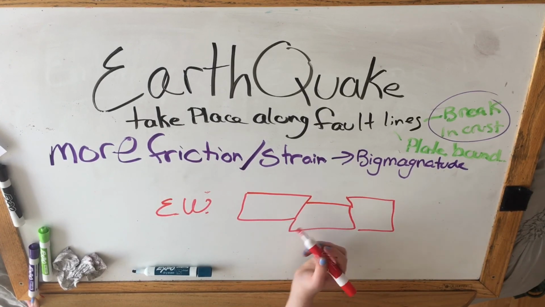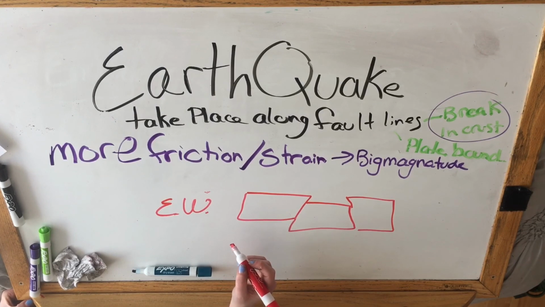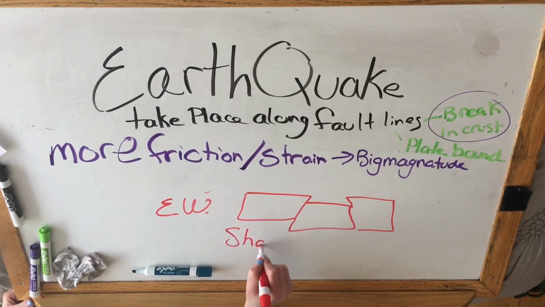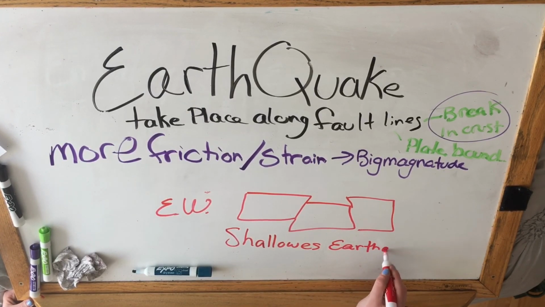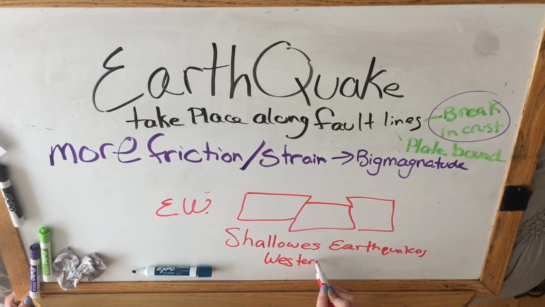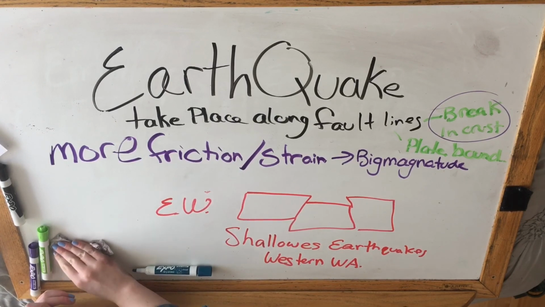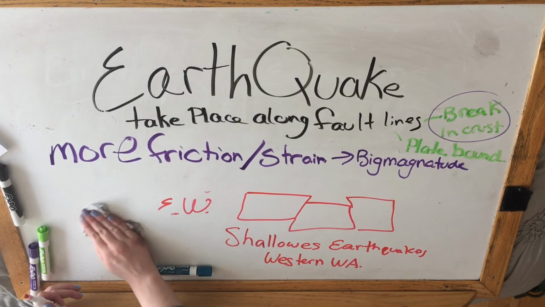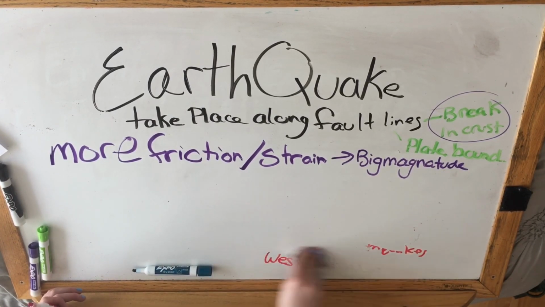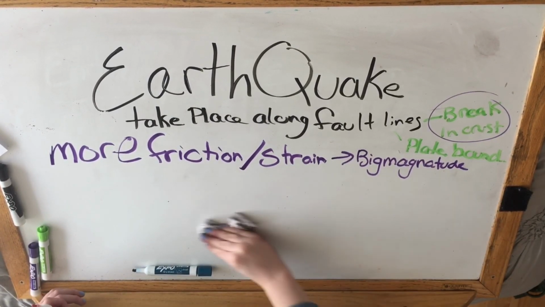So this is where the shallowest earthquakes in western Washington occur. They occur along the reverse fault lines of the Puget Sound region. So this is all the Puget Sound. We live in western Washington in the Puget Sound area.